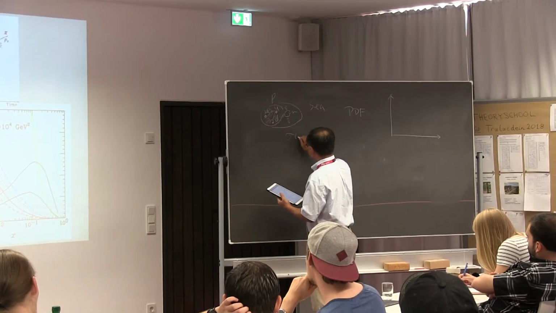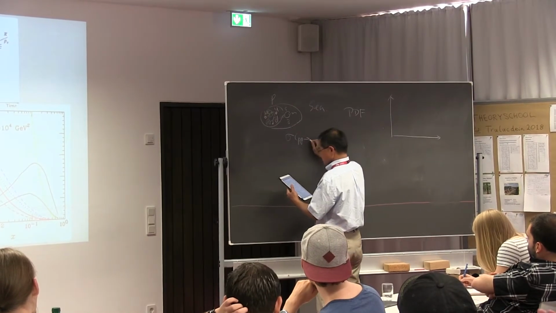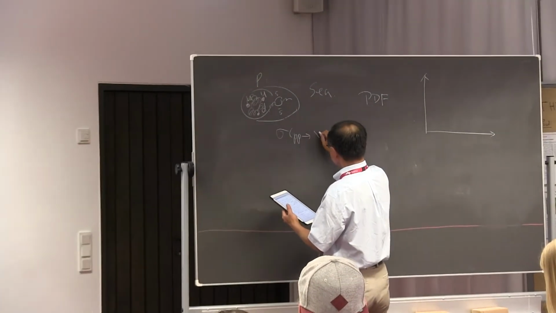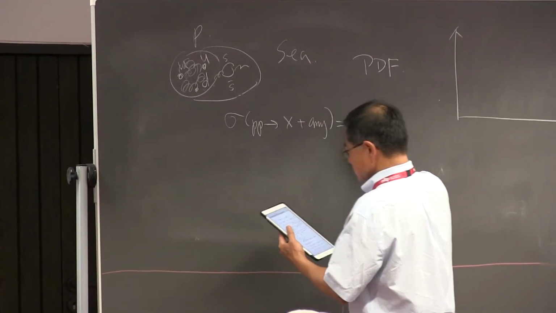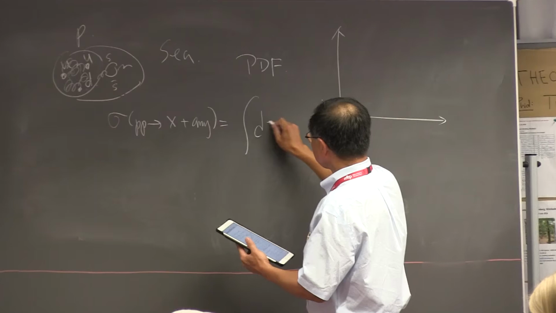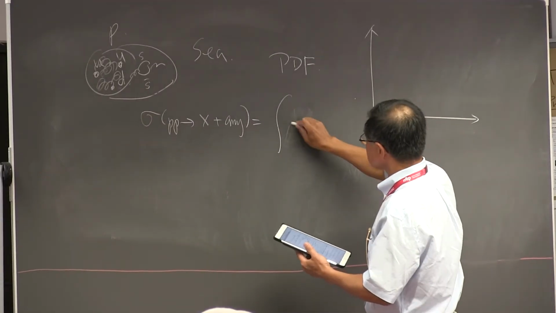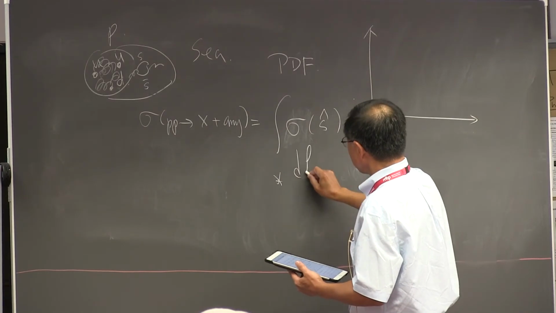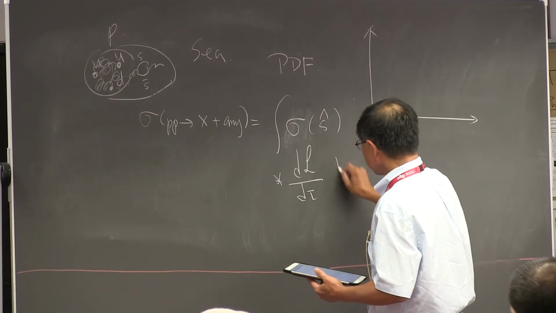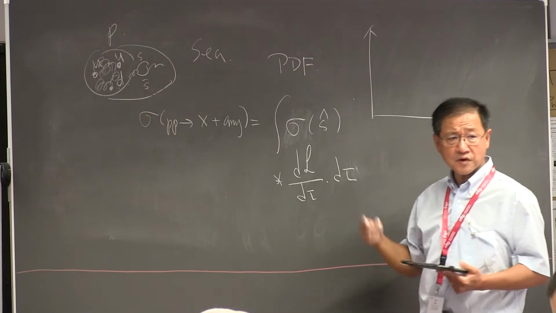So the proton cross-section to produce some particles plus anything else is a similar convolution: your sub-process cross-section times the luminosity. I went through this on purpose.